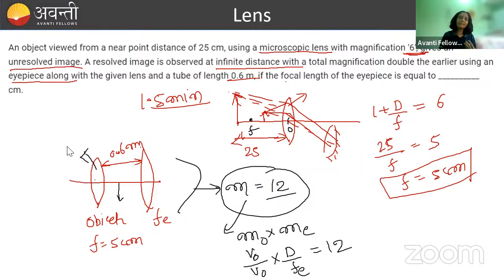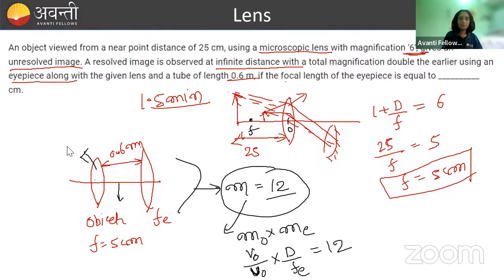Now we have to deal with calculation of M naught, V naught by U naught. ठीक है. So is there something given about where the object is kept in front of the simple microscope? It's not given, right? Only tube length is given. So if tube length is given, just use the approximation, as I said.